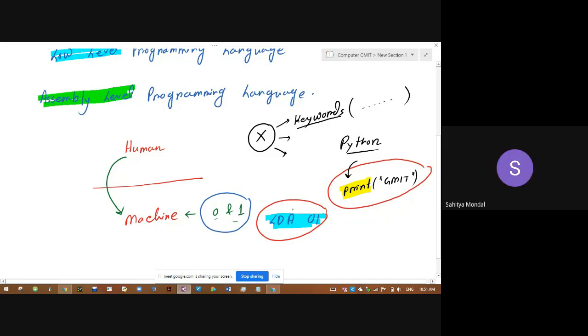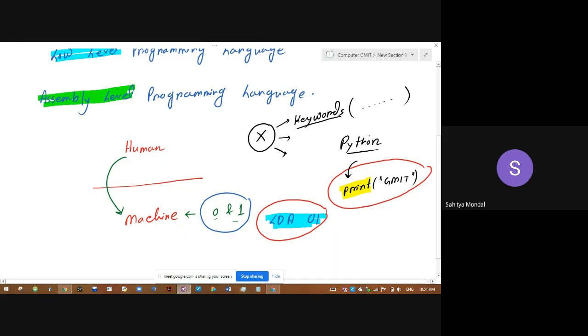LDA 01 is difficult for you to understand, but it is very easily understandable by the machine. LDA 01 comes under system programming. This is a low level programming language, whereas print GMIT comes from the programming language Python. It comes under the high level programming language.